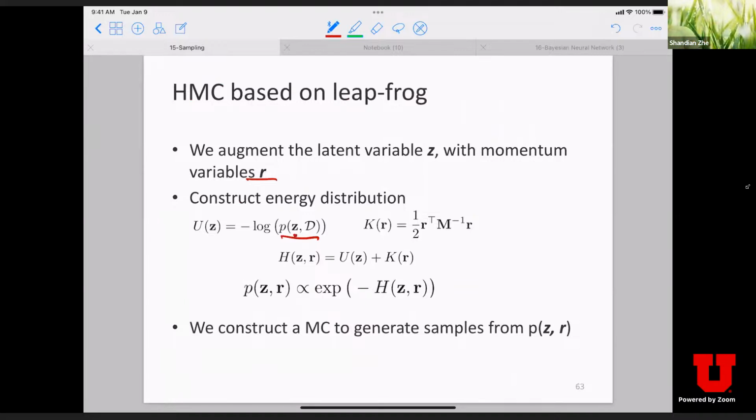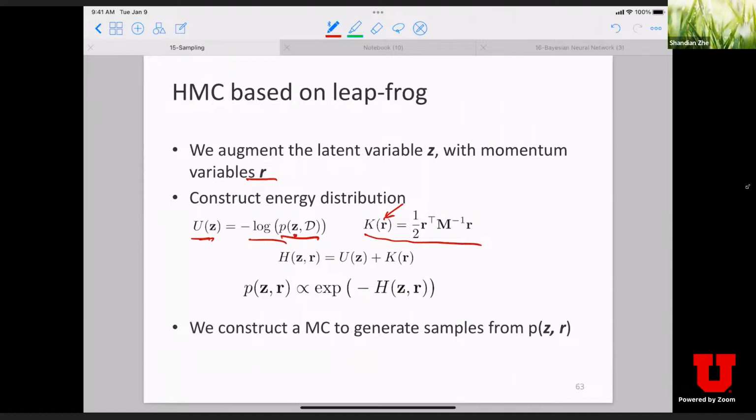So we assign the position, we assign the potential energy at this position as the negative logarithm of the drawing probability, right? And then we introduce a momentum random variable. This is how we define the kinetic energy, right?